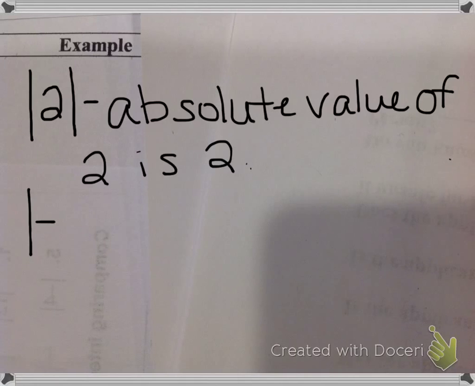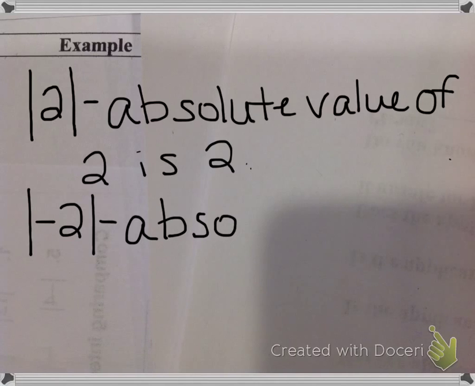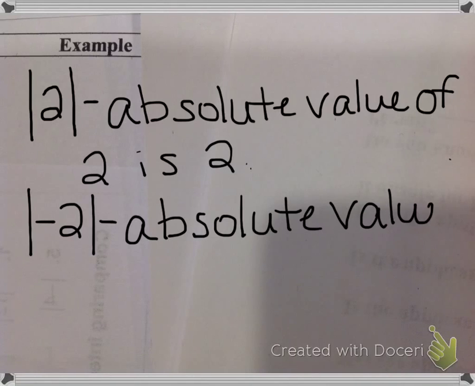Okay, and then if I gave you the absolute value of -2, the absolute value of -2 is also 2 because it is 2 away from 0.